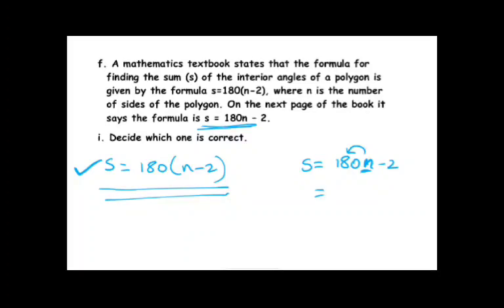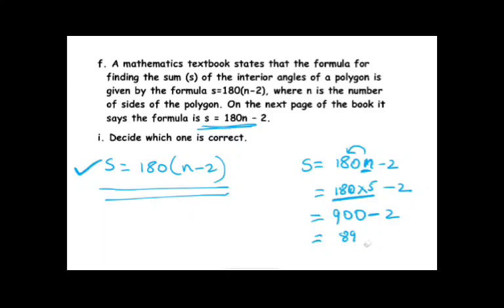So let's take a pentagon. The number of sides of a pentagon is 5. So 180 into 5 minus 2, that means I have to multiply first. Let's find out. 5 zeros are 0, 5 eights are 40, 5 ones are 5, 6, 7, 8, 9, 900, minus 2, which gives me 898.